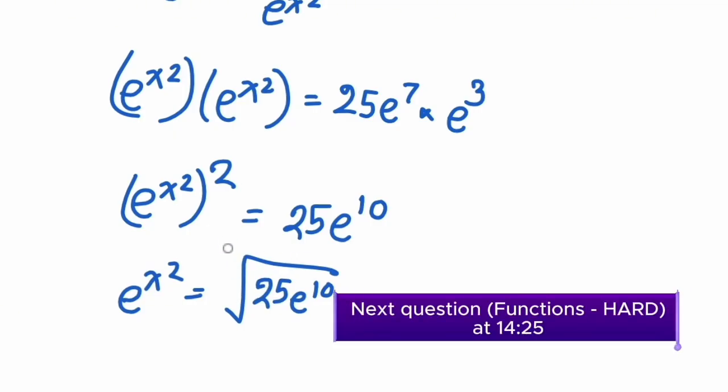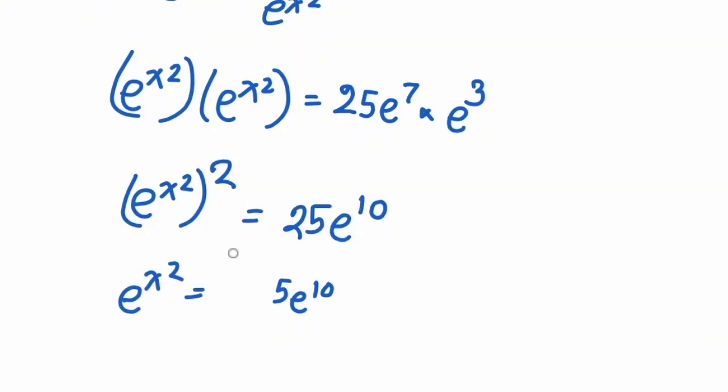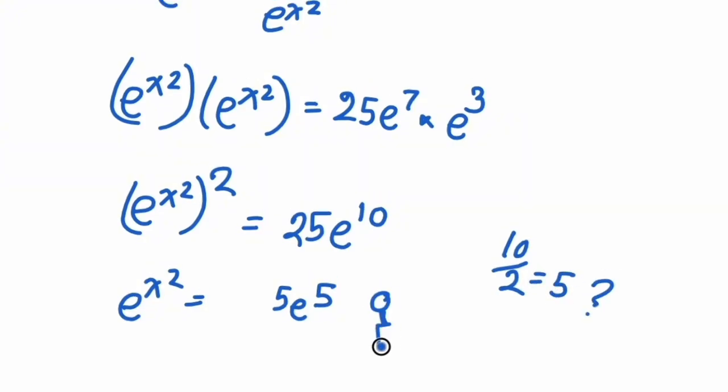So what we can do is remove the square root and make 25 into 5, because the square root of 25 is 5 and half of 10 is 5. Now why did I do the half of 10 equal to 5? It's because, let's pull our magnifying glass again.